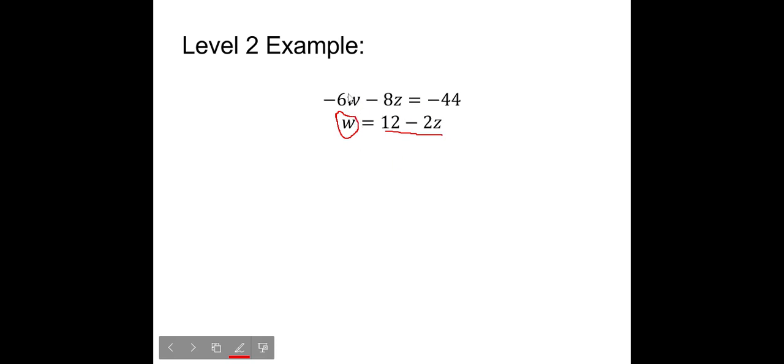So instead, up here where you see -6w, instead of writing just w, we're going to put this whole expression, 12 minus 2z.